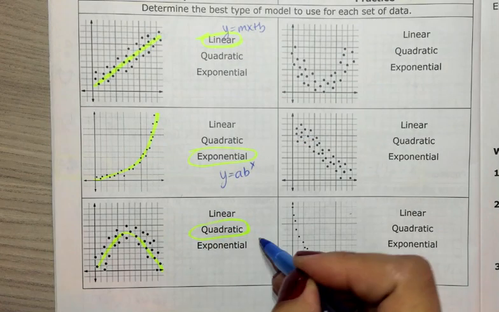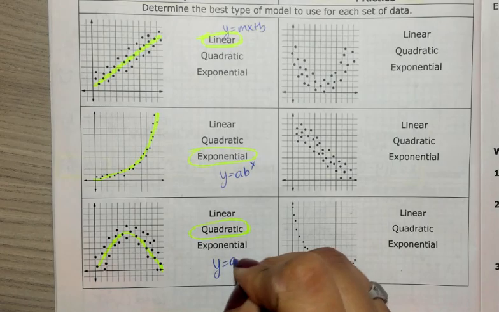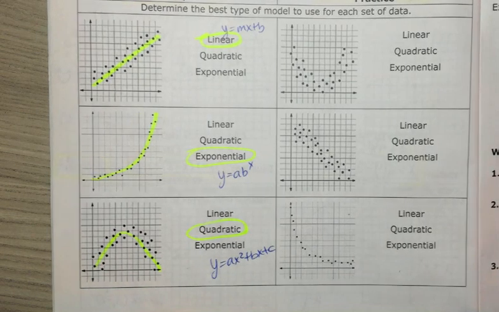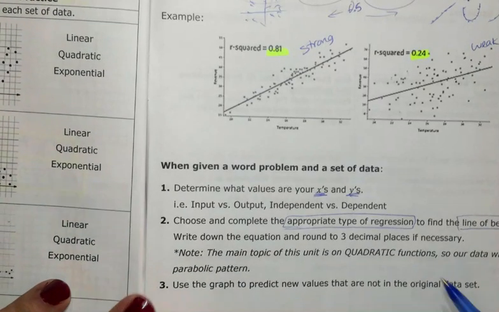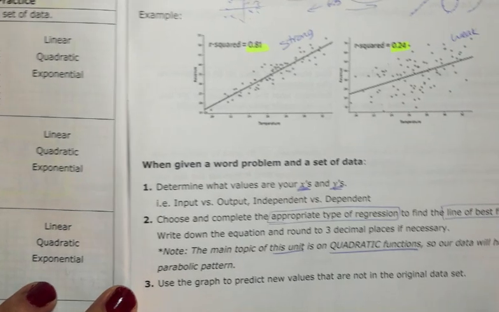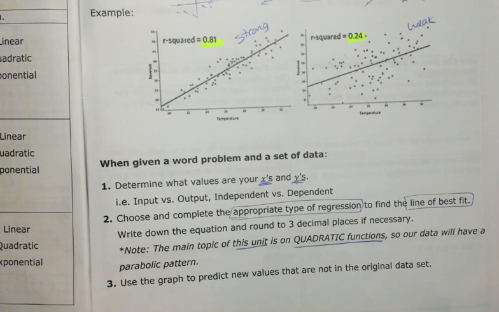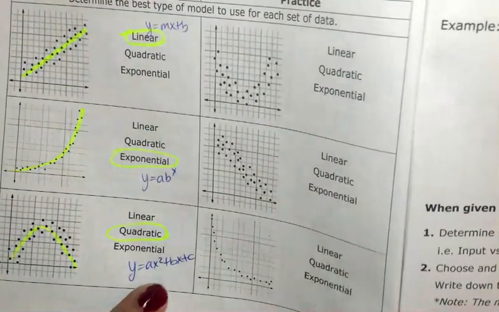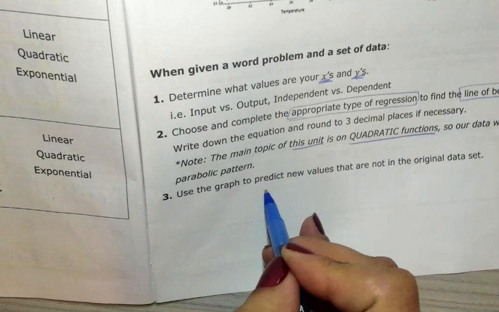And if it's quadratic, you're going to write y equals ax squared plus bx plus c. Keep in mind that in this unit, quadratic functions are the focus, so you'll just be looking at quadratic regression with ax squared plus bx plus c as your line of best fit. Then you're going to use that to predict new values.